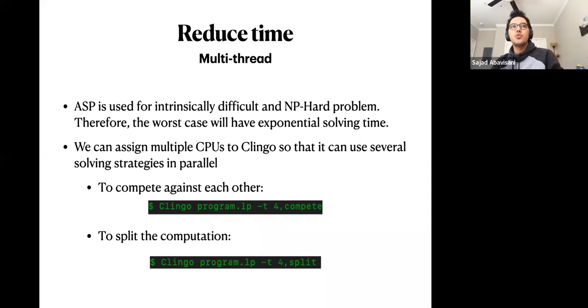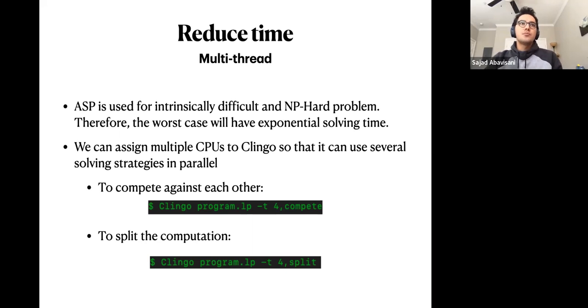So we can use multiple CPUs and ask Clingo to solve this problem using several strategies. The first one to find a stable model will be the winner thread, and we don't have to actually wait for the worst case.